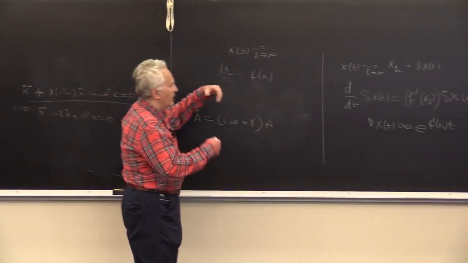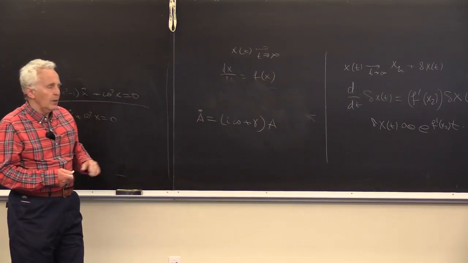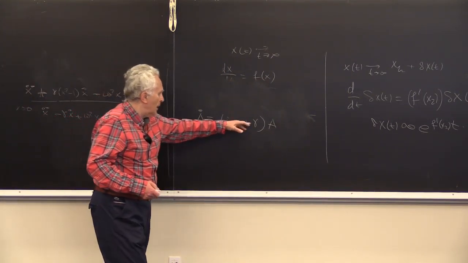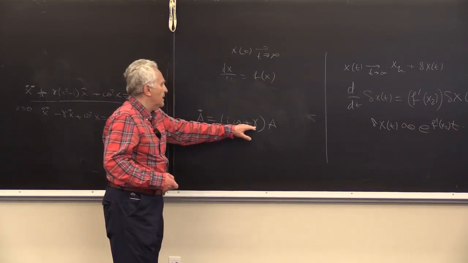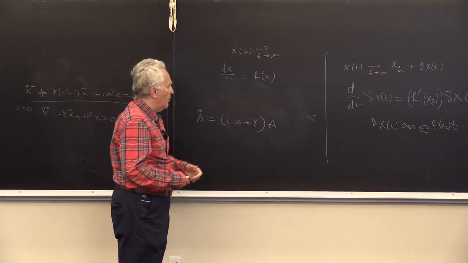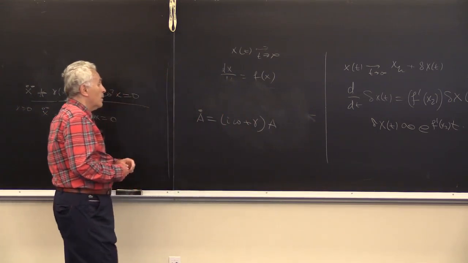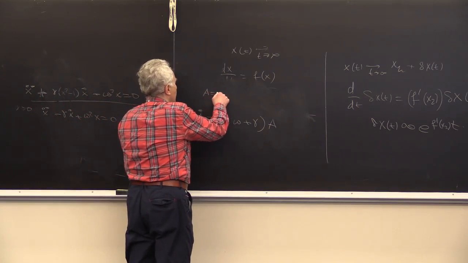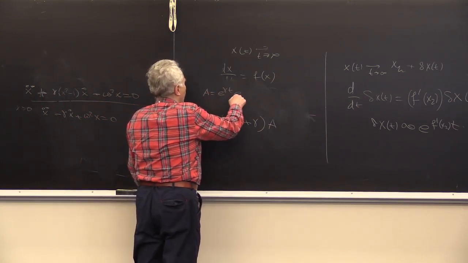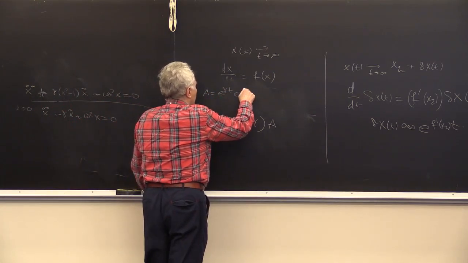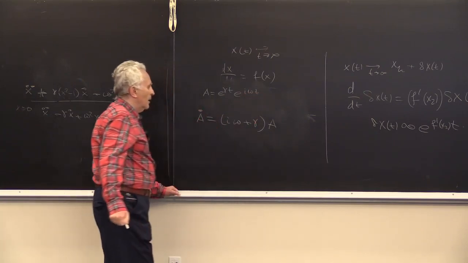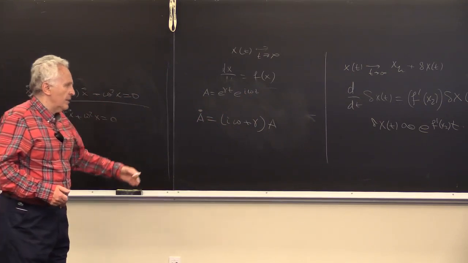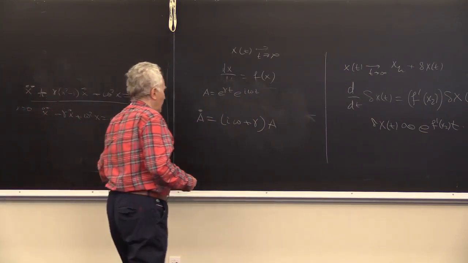Omega minus I gamma is our complex frequency. I assume omega is real here. So this oscillates. It's obvious that the solution is just that, and it blows up. But we derived it by linearization of the Navier-Stokes equation.